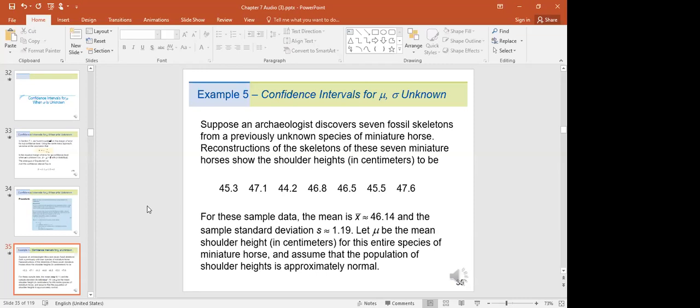Okay. Now we are going to enter these 7 values. 45.3.